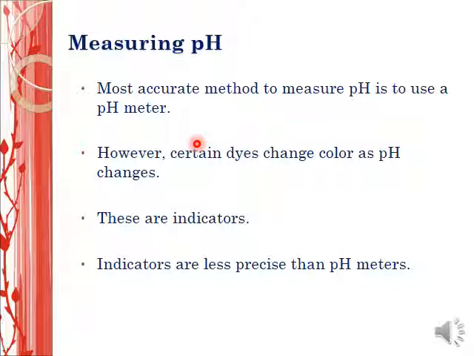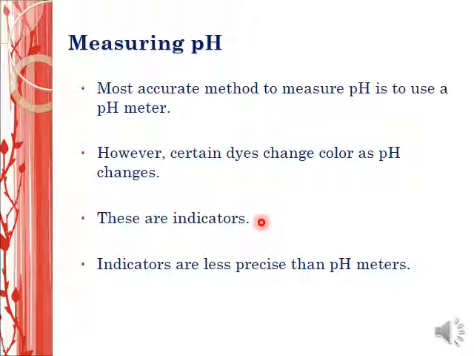red cabbage, the purple color. So you cut the red cabbage, you boil it, you get a purple color solution. That is categorized as an indicator. And then you put that colored red cabbage into different solutions that you want to test, whether basic or acidic.